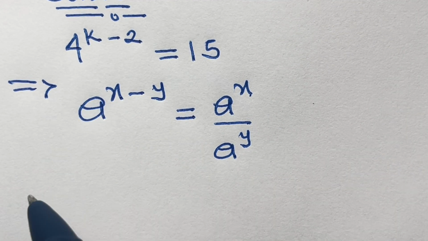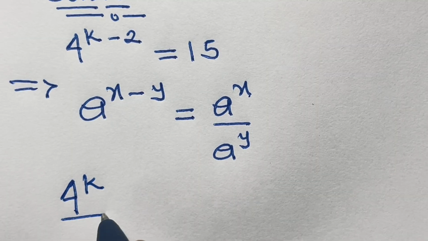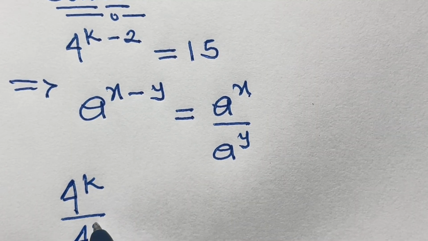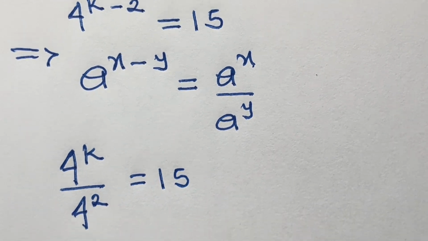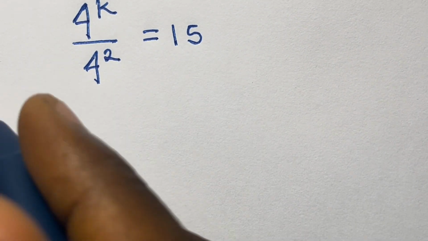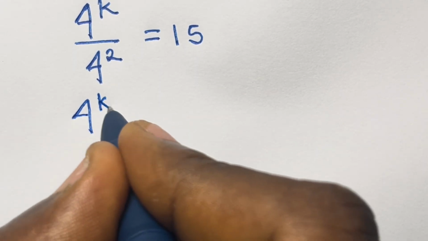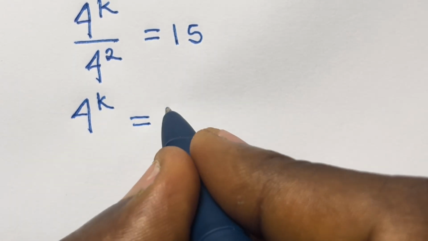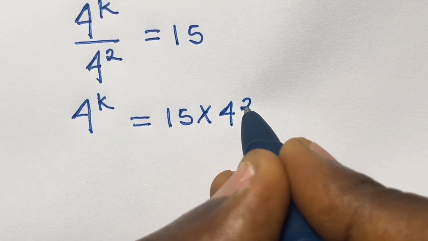So this becomes 4 raised to power k divided by 4 raised to power 2 equals 15. If we cross multiply, we will have 4 raised to power k equals 15 times 4 raised to power 2.